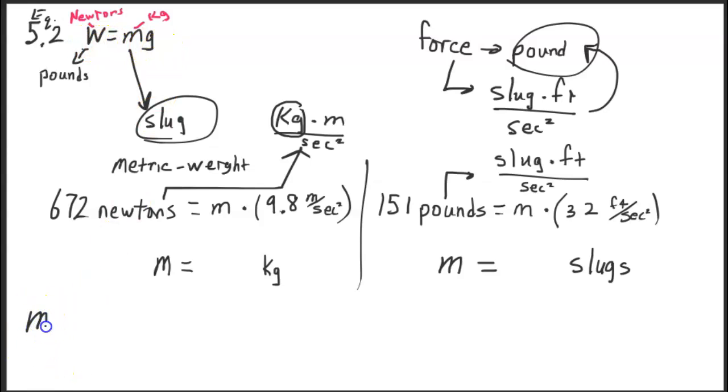I can rewrite that as mass equals weight divided by acceleration of gravity. Those two forms, weight equals mass times acceleration due to gravity, and mass equals weight divided by gravity, are really the two forms that I would need. I would put this on my 4-inch by 6-inch reference card, just so I have it.